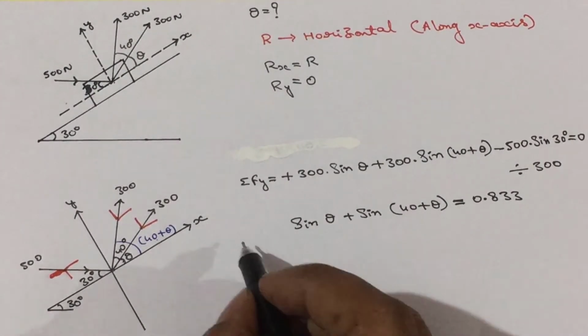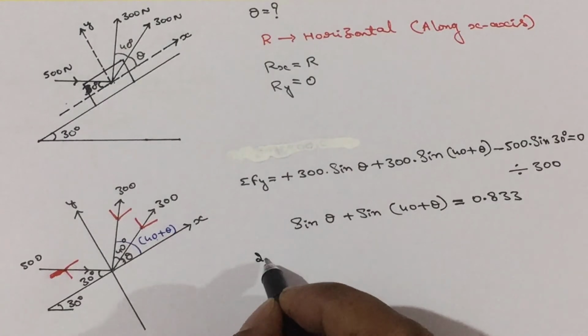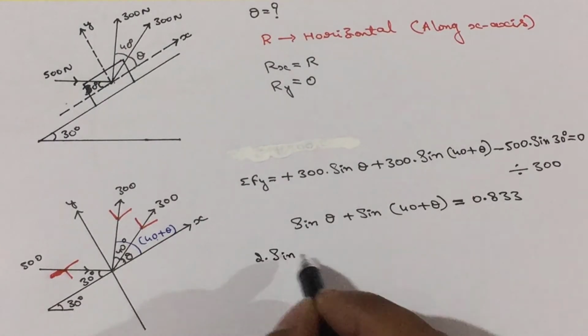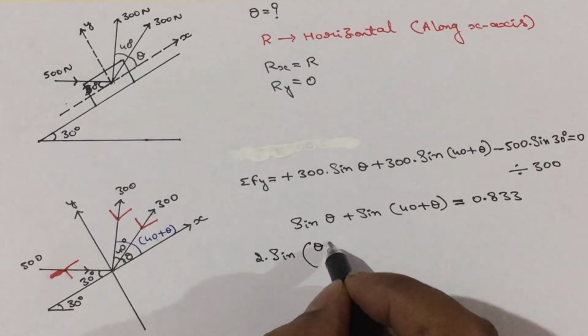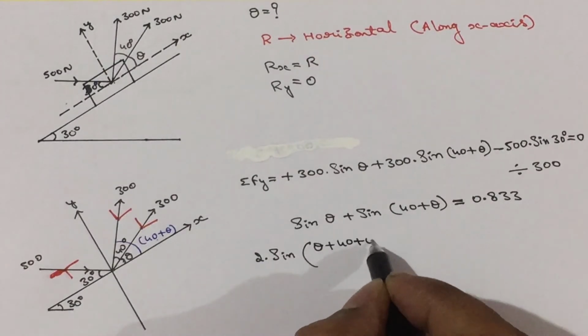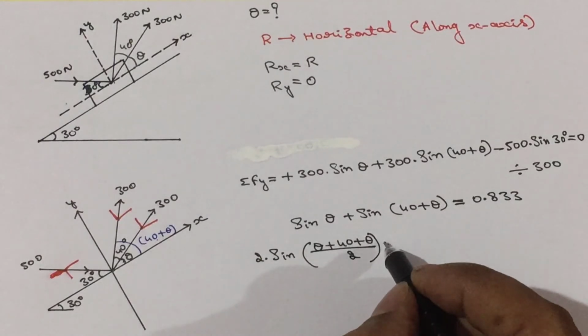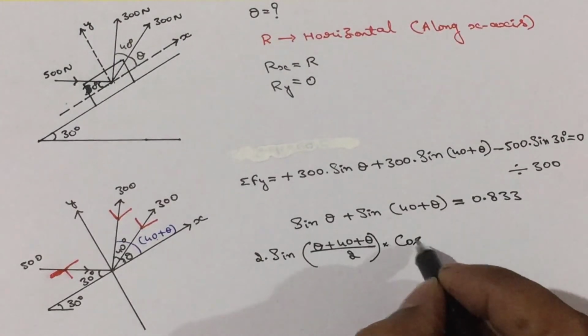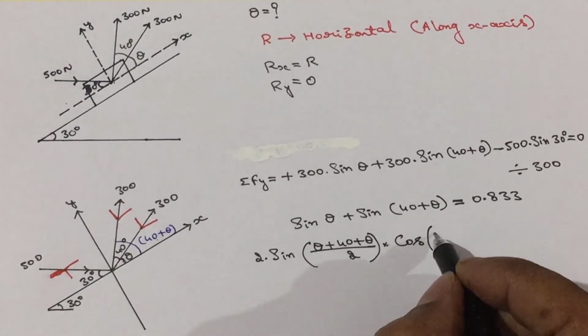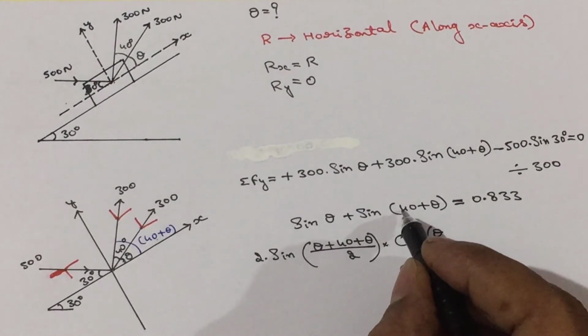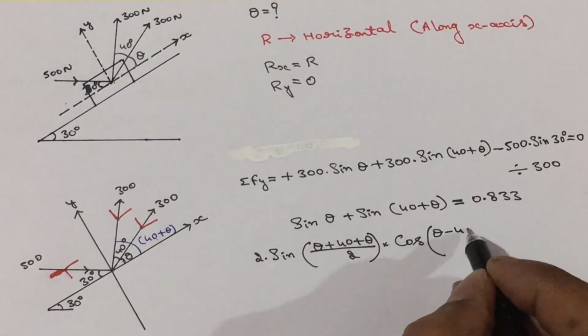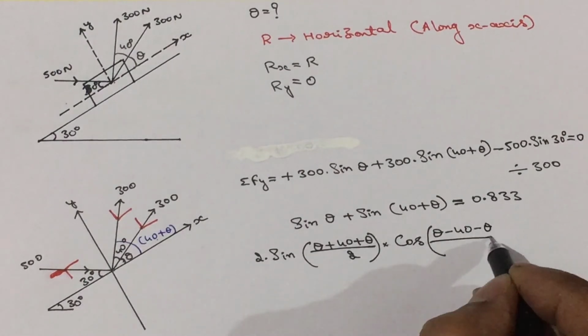By using the formula, we have 2 into sin of (A plus B) by 2, that is theta plus 40 plus theta divided by 2, into cos of (A minus B) by 2. A is theta, minus B, that is minus 40 minus theta, divided by 2.